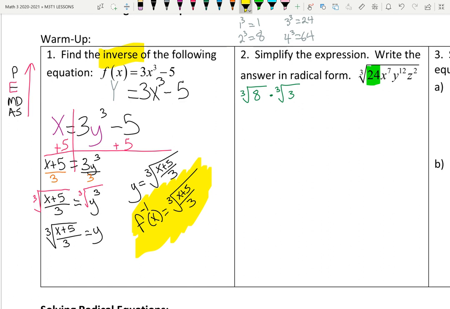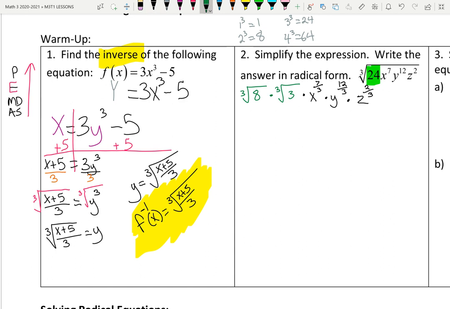Then I'm going to rewrite all of my other terms with rational exponents: x to the 7 over 3 times y to the 12 over 3 times z to the 2 over 3.